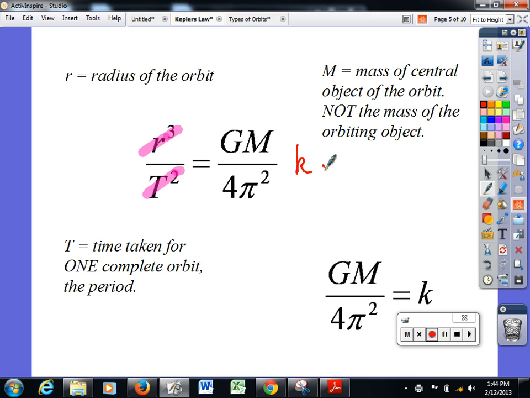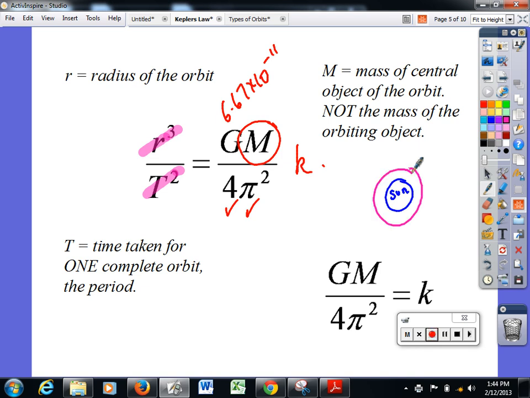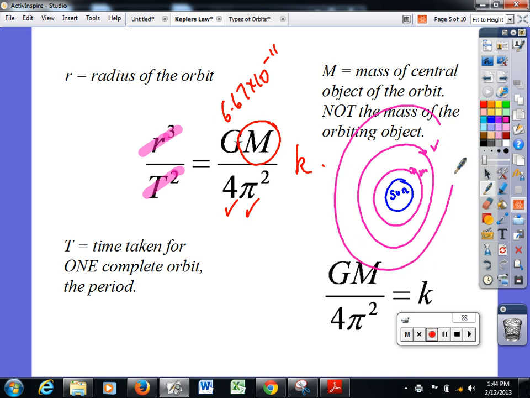Well, the things which remain constant are G, which is 6.67 by 10 to the minus 11. 4 and pi are simply numbers. And M is the mass of the central object. Now, if we are talking about our solar system, the solar system has the sun in the centre, and then it has Mercury, Venus, and say the Earth.